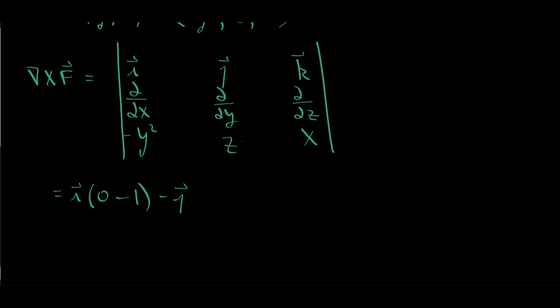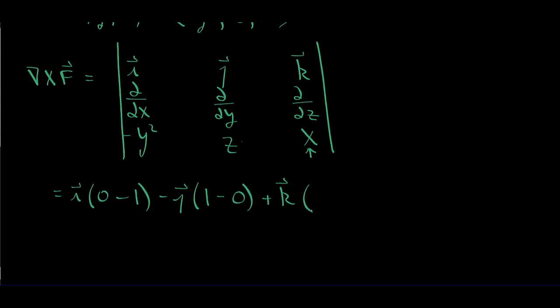Okay. Now we're ready to take care of the j. The partial with respect to x here, that's just going to be 1. And then minus 0. And then plus k.